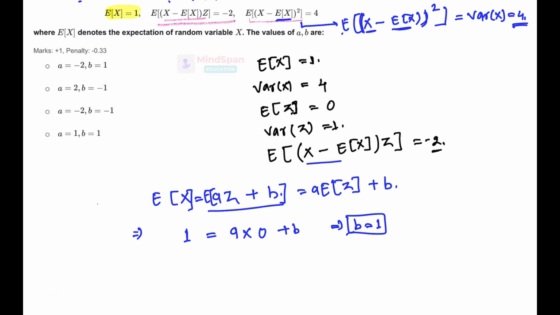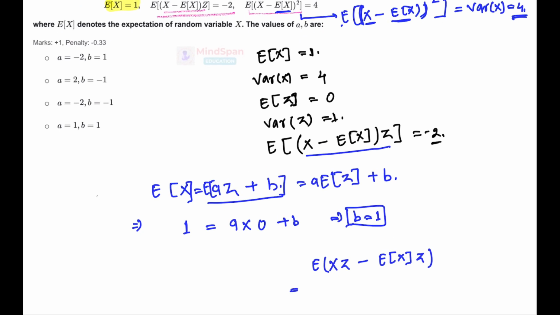If we look at this relation and multiply, that will be the expectation of (X minus expectation of X) times Z. If we use linearity here, then it would be the expectation of XZ minus the expectation of expectation of X times Z. Here the expectation of X is given as 1, so that will be nothing but the expectation of just Z, and the expectation of Z is 0, so this quantity will be overall 0, and the whole thing is given as minus 2.